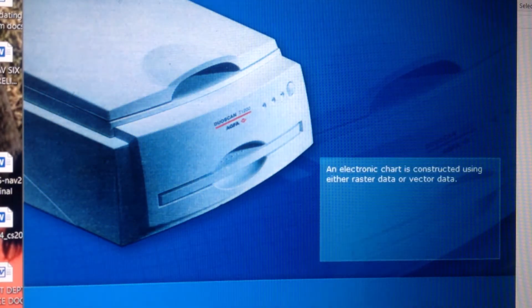An electronic chart is constructed using either raster data or vector data. Scanning the master components used in the production of a paper chart produces raster data. The resultant image is made up of a number of lines, which in turn are made up of a large number of coloured dots or pixels.